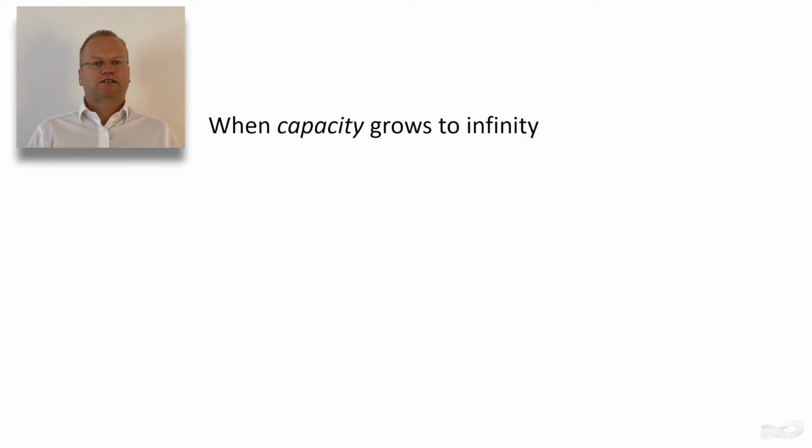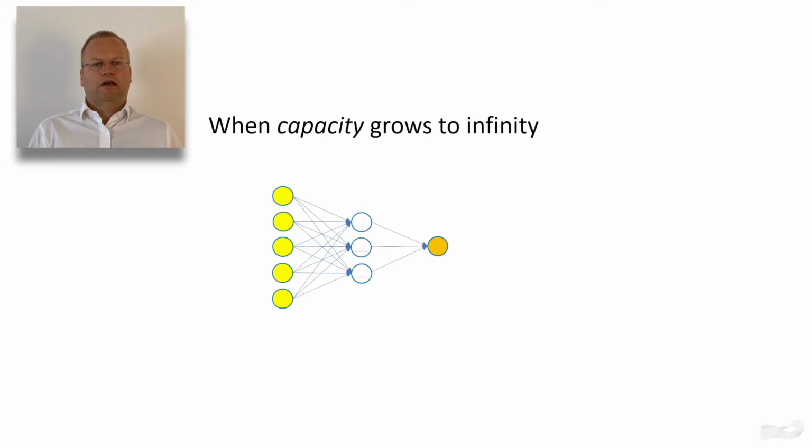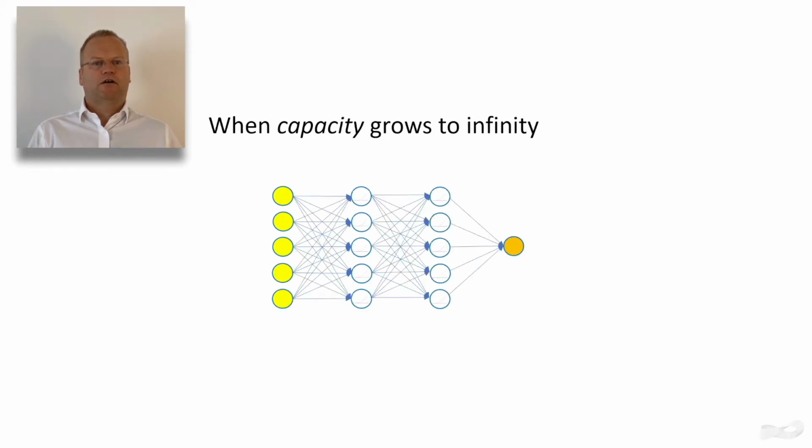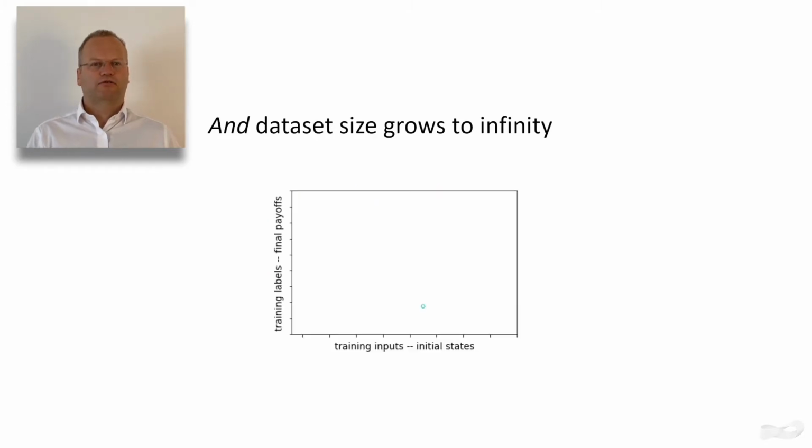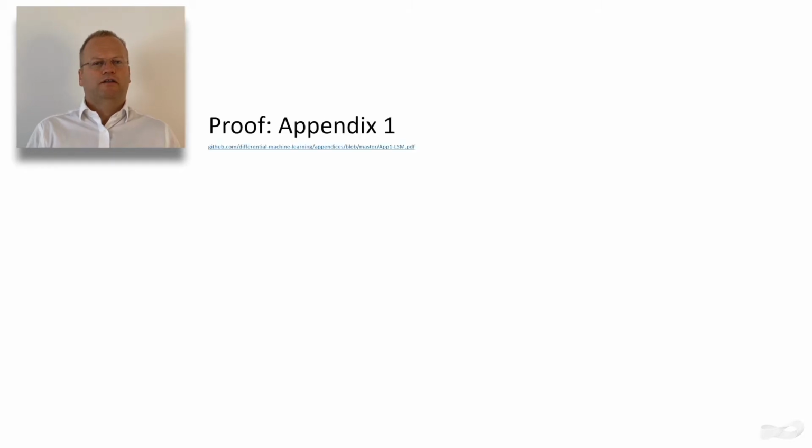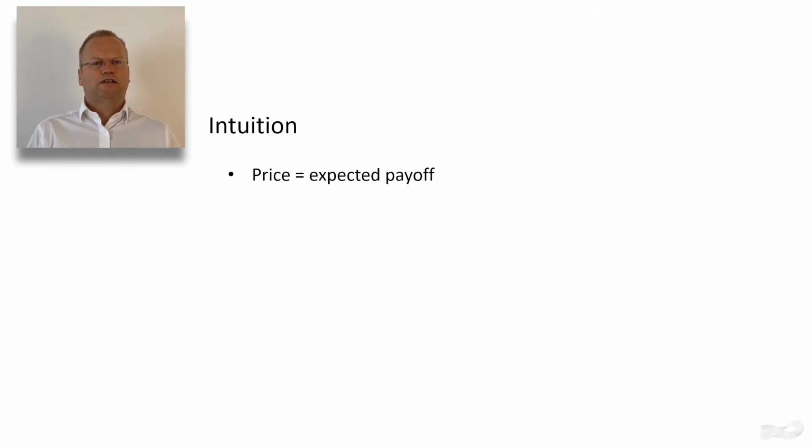Convergence is realized asymptotically when the capacity of the approximator grows to infinity and the size of the training set also grows to infinity. Proof is given in Appendix 1 on GitHub, the intuition being that the true price is the expectation of the payoff.